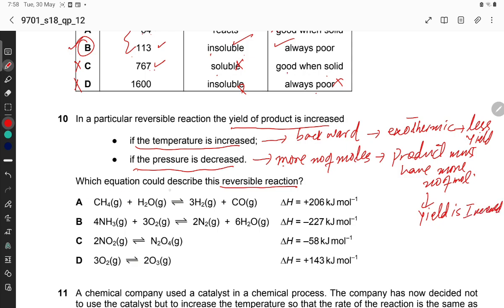So now look at which equation could describe this reversible reaction.